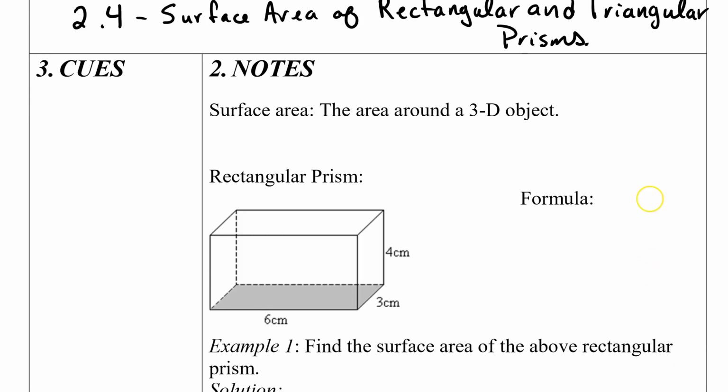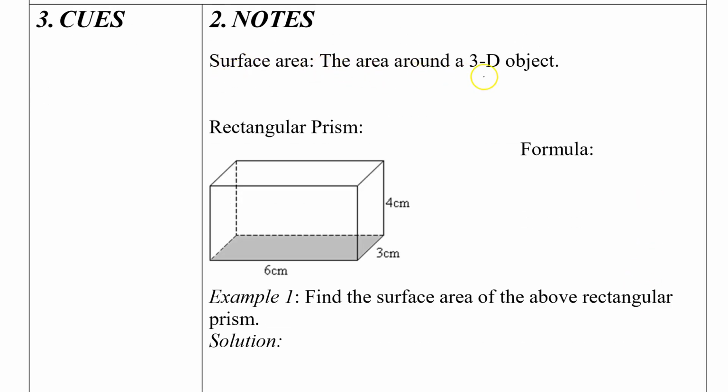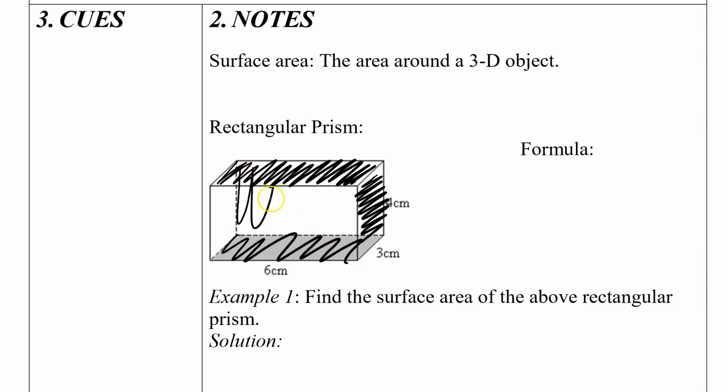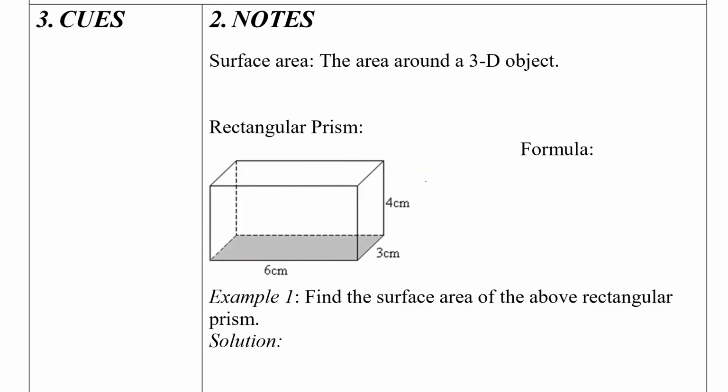So when we're talking about surface area, we're talking about the area around a 3D object. It means that when we take into consideration this piece here, and this piece here, and this piece here, and the back, and the front, and the side, when we add all the areas together, that is our surface area.